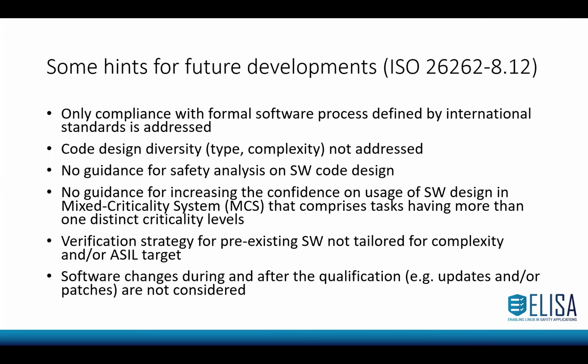Okay, the next question is from Shua. What are the challenges, as you see them, of using ISO 26262, which doesn't address code design and diversity, for ELISA? Well, I think one of the approaches, and this is the target of the next talk, is that if we are thinking to use only one method for our Linux kernel, frankly speaking, it is not possible. There's no way. But in reality, it's the same issue that other companies have.